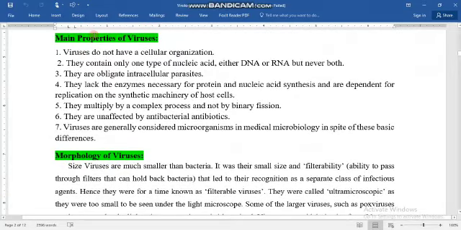If we discuss the main properties of viruses, the first one is that the virus does not have cellular organization.